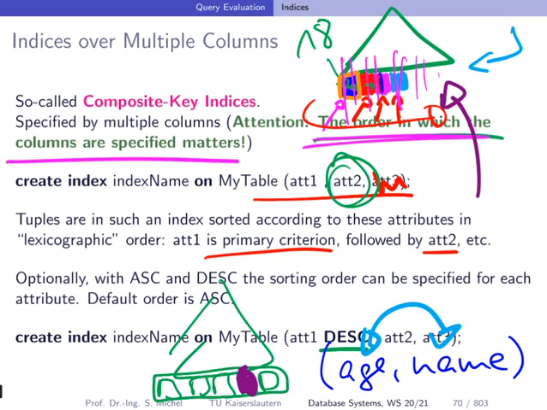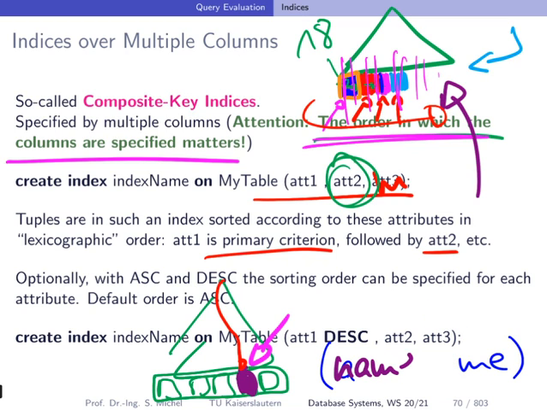And this now contains all the people or students that have the name Smith. And then we can, using Smith as the criteria, go down here and start reading all tuples that have Smith as name. But this only works if we have name, comma, age, and not age, comma, name. So indeed that matters.